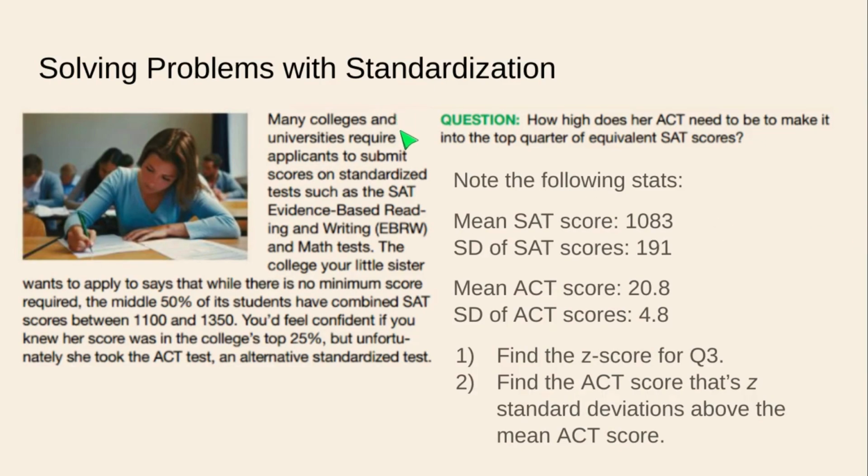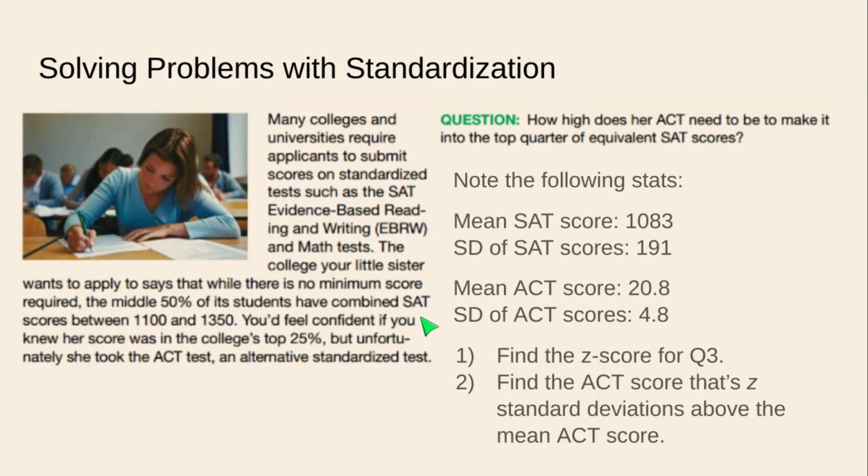Many colleges and universities require applicants to submit scores on standardized tests such as the SAT, the verbal section, and math tests. The college your little sister wants to apply to says that while there is no minimum score required, the middle 50% of its students have a combined SAT between 1100 and 1350.